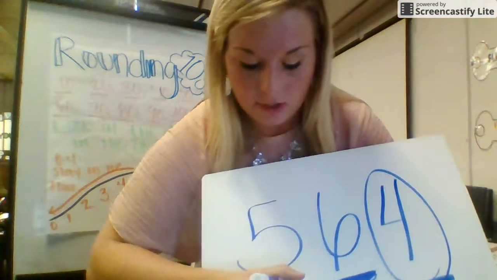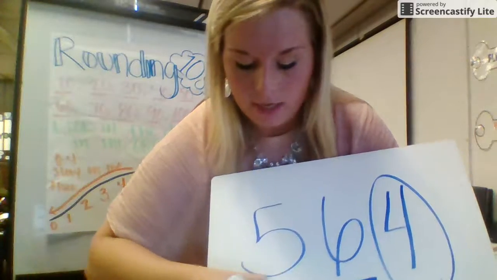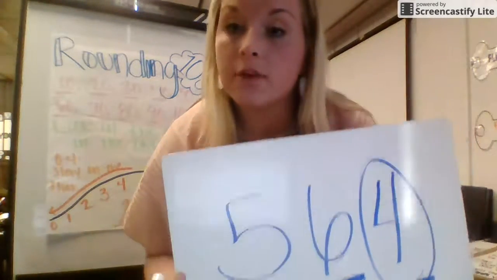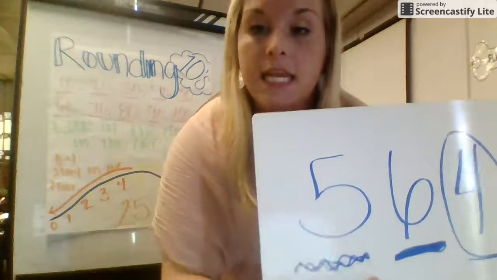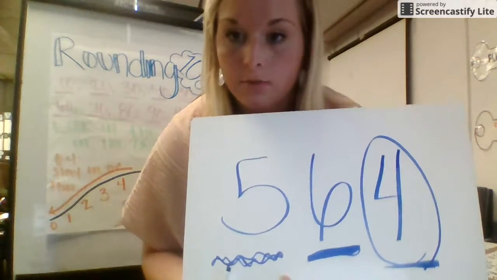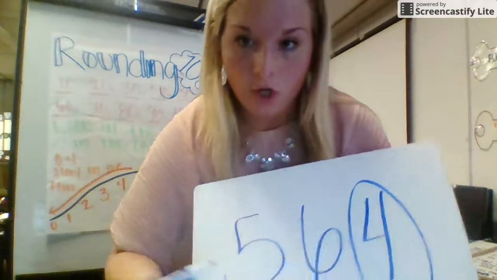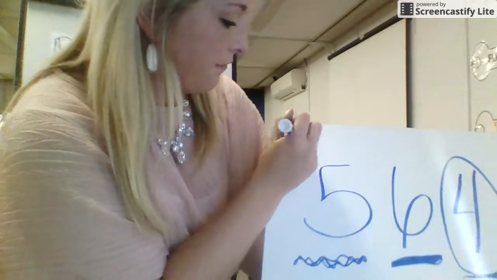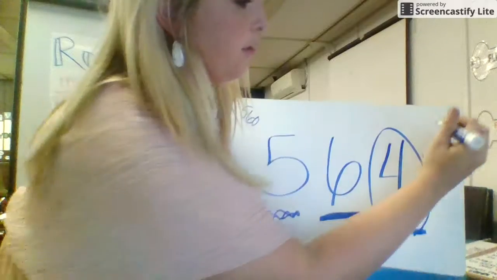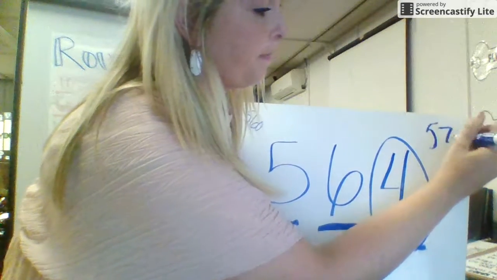And then our 5 is in our 100 spot. I'm going to put a squiggle under that because we just aren't quite there yet. We are still rounding to the closest tens, not the closest hundreds. Okay? So we're going to be determining, is 564 closer to 560 or 570?